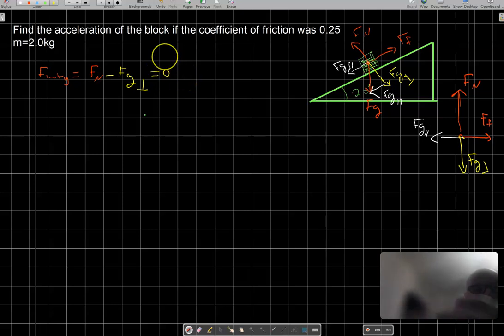So that would lead us to find the Fn, or normal force. Again, if you don't know where you're going, just find something. In this case, I'm finding the normal force. So the normal force equals Fg, which is 2.0 kilograms multiplied by the acceleration of gravity, 9.8 meters per second squared.